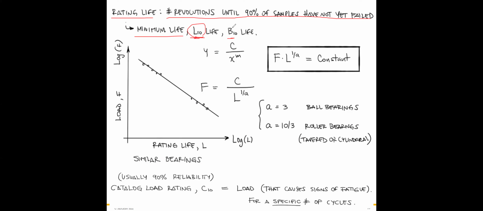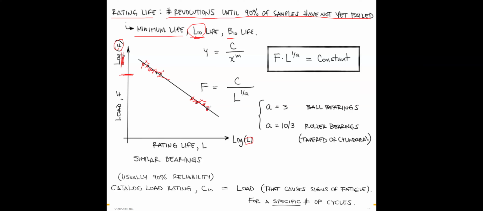By experiment, we measure the force versus the life in cycles, and we plot a log-log graph. We can define the specific force at L10, where 10% of the samples fail, collect those data points, and then plot the log-log graph.